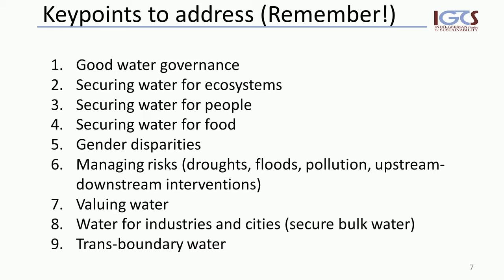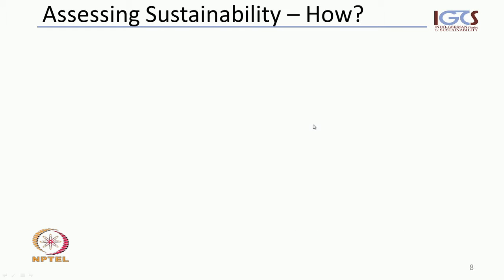The good water governance, the securing of water for ecosystems, the securing of water for people, securing water for food, the gender disparities, risk management, the valuing of water, the issue of water for industries and cities in the form of bulk water and transboundary water. So those have to be addressed adequately to achieve sustainable river basin management.